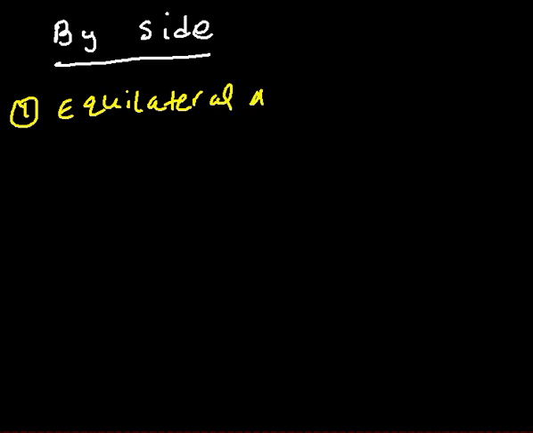The equilateral triangle is the triangle in which all sides are equal. So this is how it looks like. That is how the equilateral triangle looks like. It is the triangle in which all sides are equal.